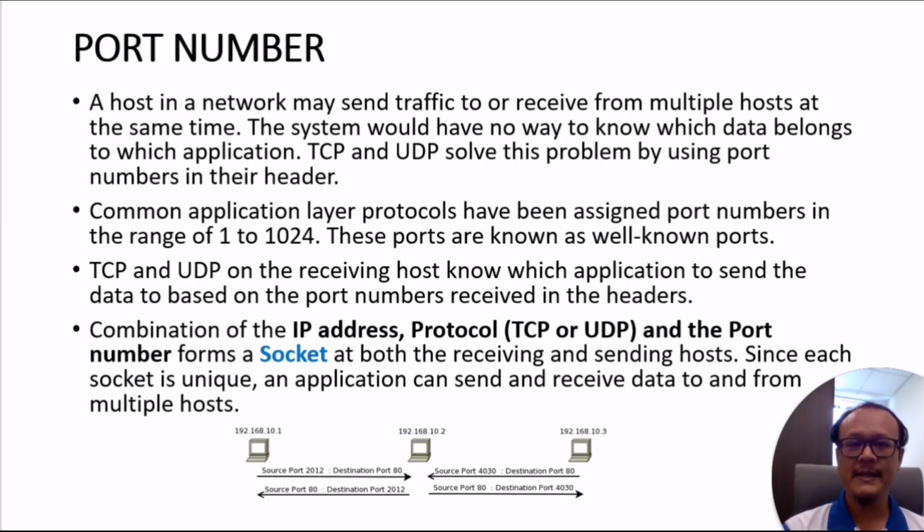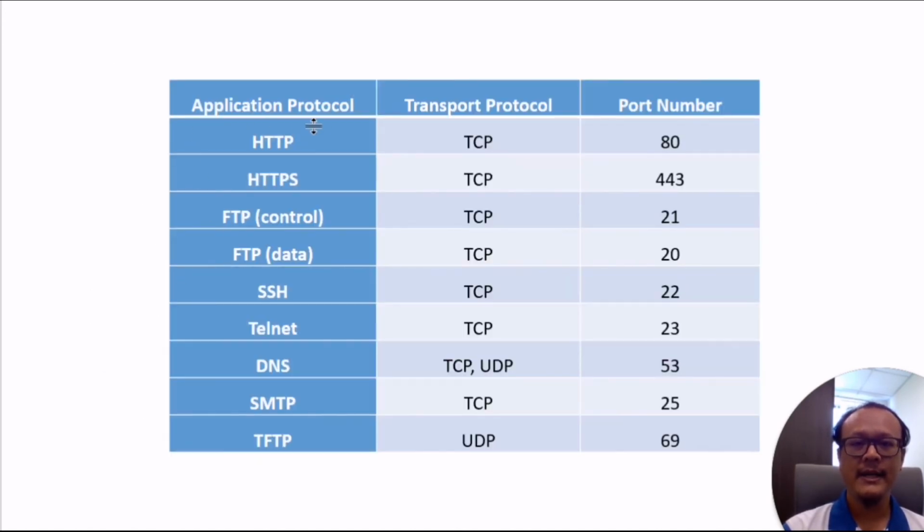Port numbers are used in the transport protocol to differentiate between applications. For example, the HTTP application uses the TCP protocol with port number 80. So different applications use different port numbers depending on the transport protocol. If you look at this, mostly they're using TCP rather than UDP.